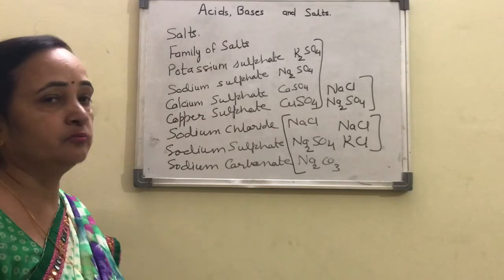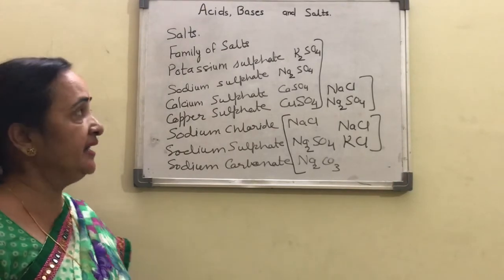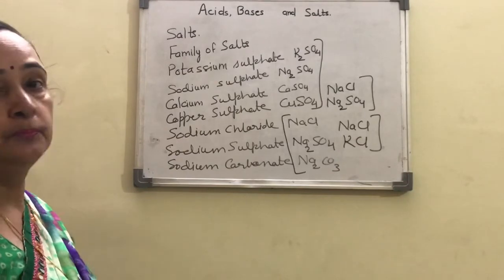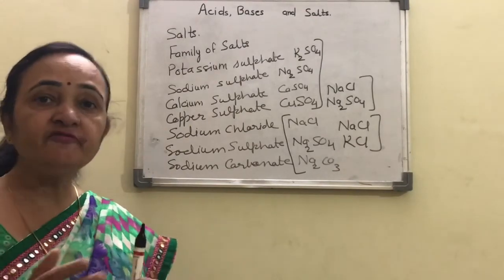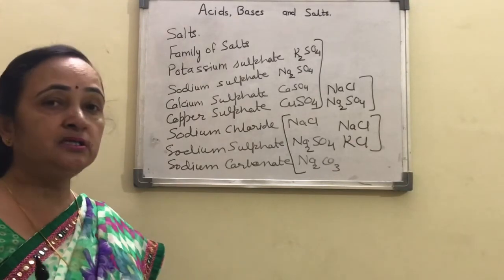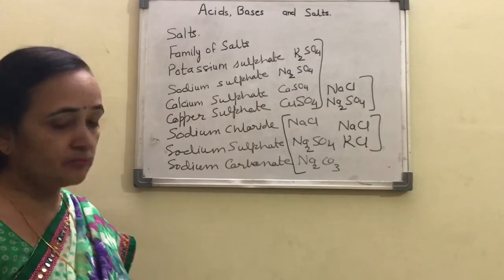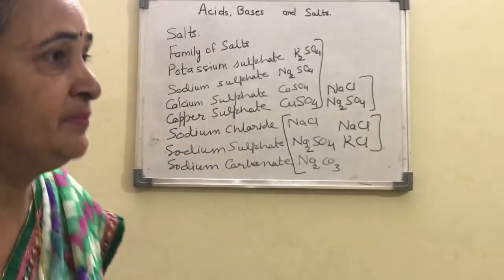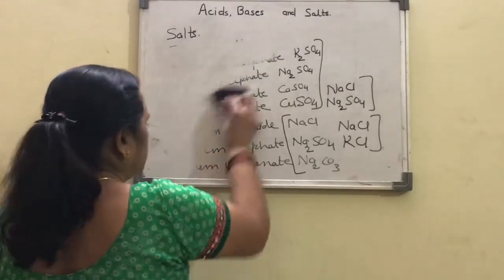Now the question arises: how can we find the pH value of these salts, or whether these salts are acidic or basic? For this we can take some examples. We can write the names of different salts.